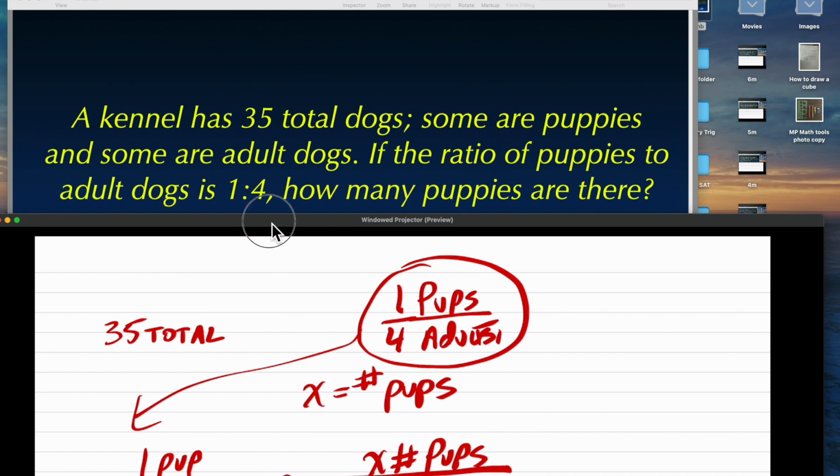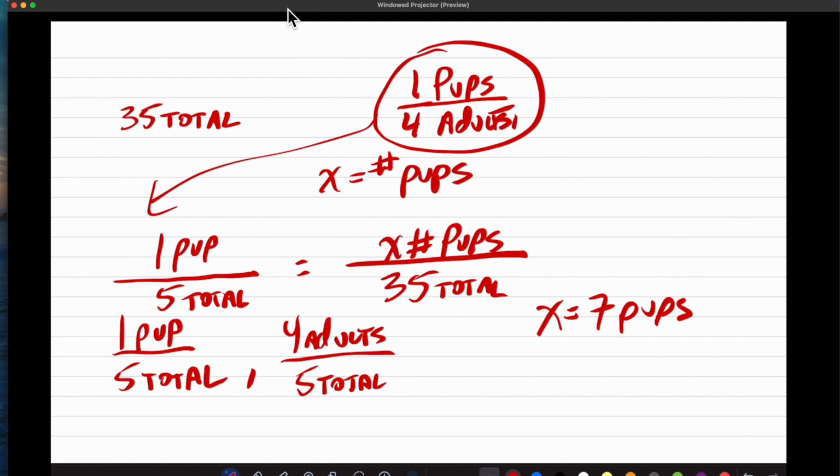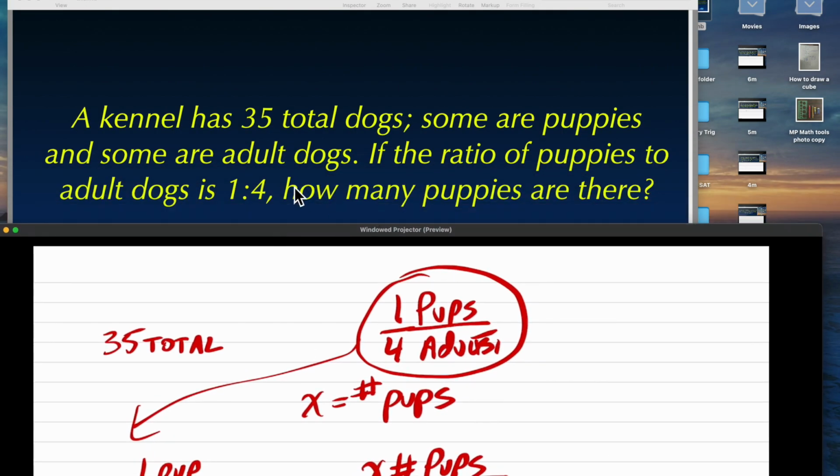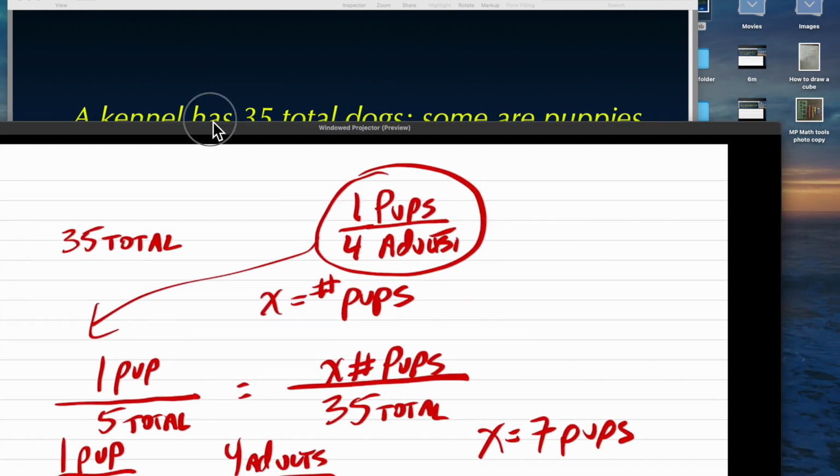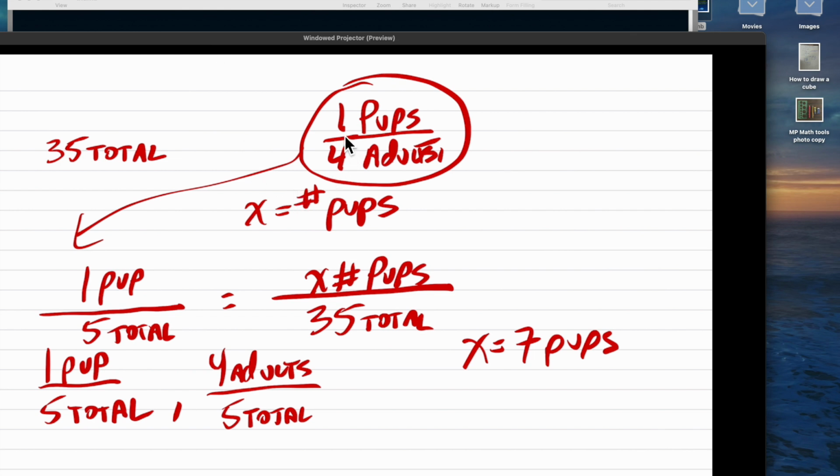When you do enough of these, you'll be able to discern that. Again, whenever they give you this ratio, 1 puppy to 4 adults, there's more information in there. Namely, here it is, 1 puppy for every 4 adults. Not only is that true, but it's also true that there's 1 puppy for 5 total dogs, and that there's 4 adult dogs for 5 total. How did we get the 5? We added the 4 and the 1.